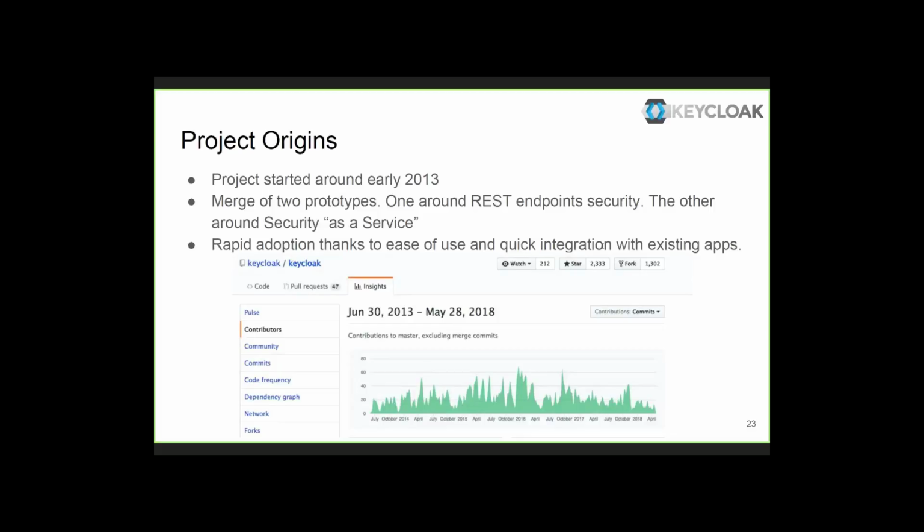And when we put it together as a project and released it around June, we had a very fast, like skyrocketing adoption. The reason behind it, we believe, was twofold. One was that we had a very easy to use UI, and people were really able to pick it up and secure their applications very quickly with it.